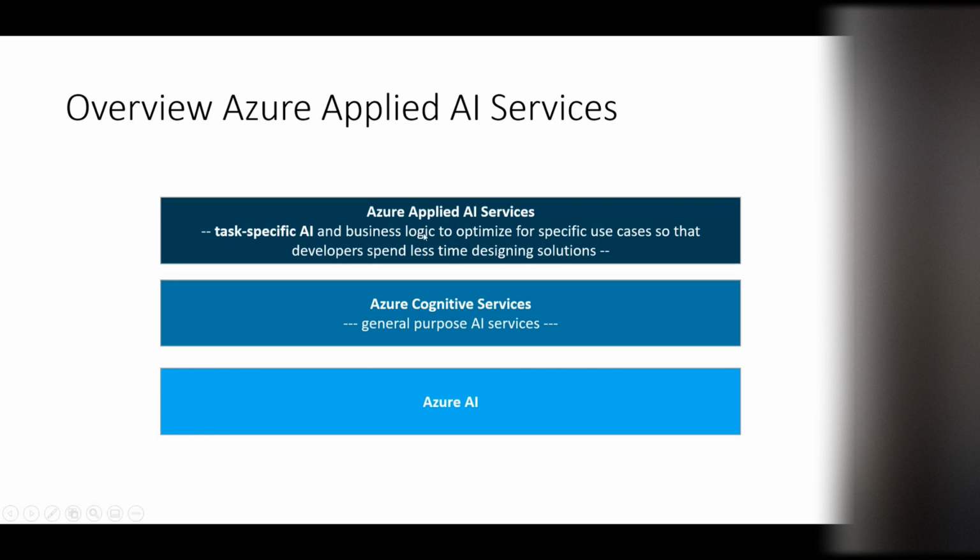So these applied AI services are more specific to a specific task. They resolve one specific business use case. They build on top of Azure Cognitive Services, and as you know, Cognitive Services is built on top of Azure AI.